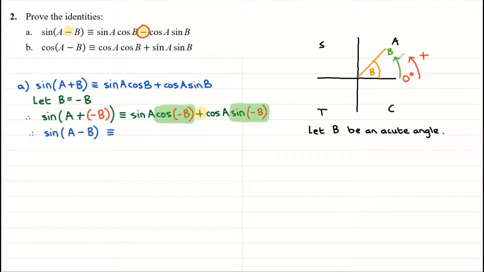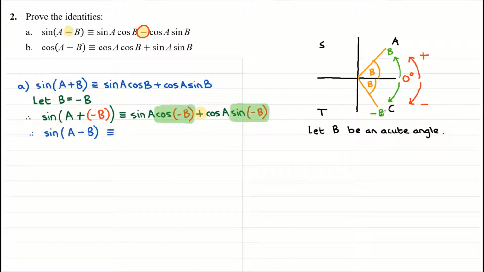But what I can also do on a CAST diagram is go in the opposite direction. So I'm going to add my angle B in the cosine quadrant, C. Now, if I do that, you can answer this yourself in your head: if I'm going in that direction, I must have gone negative B degrees that way, because I'm using my horizontal as my 0. I hope that's clear.